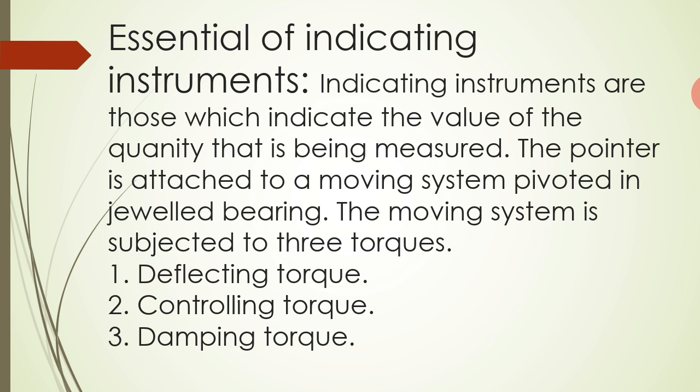Now, what is deflecting torque? The deflecting torque is produced by making use of one of the magnetic, heating, chemical, electrostatic, or electromagnetic induction effects of current or voltage, and causes the moving system of the instrument to move from its zero position when the instrument is connected in an electric circuit to measure the electrical quantity.